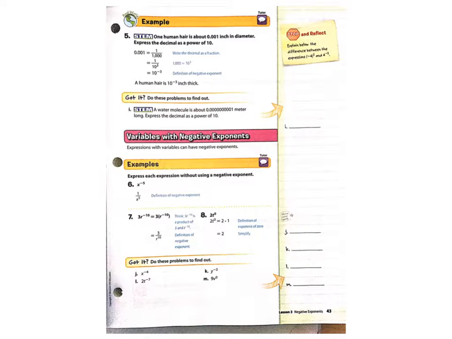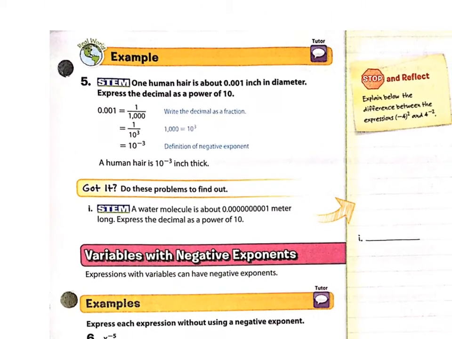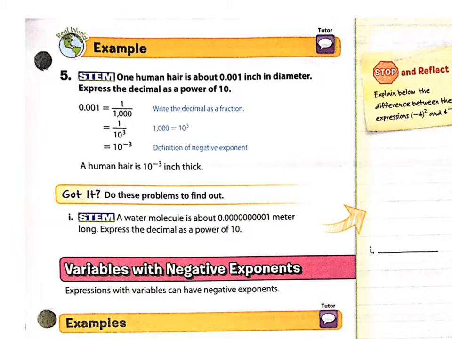All right, guys. We're going to go to page 43. This problem is going to help with what I said from page 41. Let's look at the example real quick. Example number 5. One human hair is about 0.001 inch in diameter. Express the decimal as a power of 10. 0.001 is the same thing as 1 over 1,000, correct?